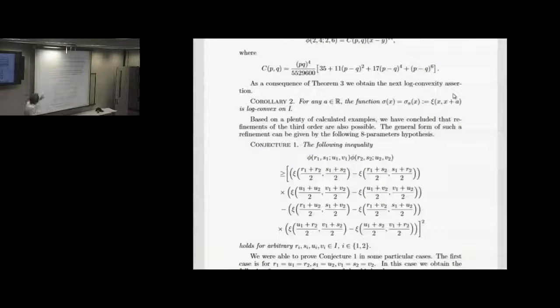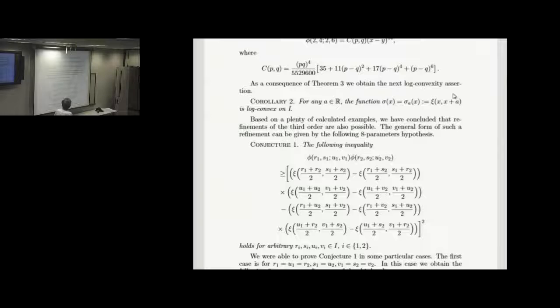Our main conjecture is, if you have 8 parameters, R1, S1, U1, R2, S2, and so on, 8 parameters, we conjecture that this inequality is true. Of course, we cannot prove it. It seems pretty difficult.